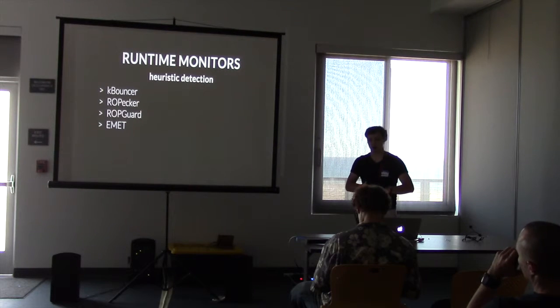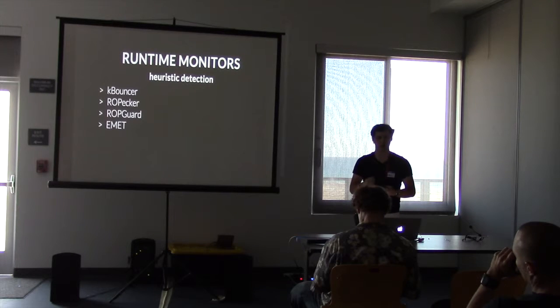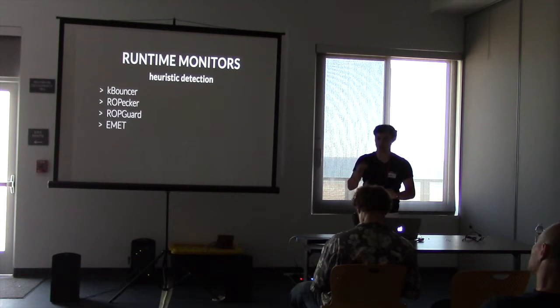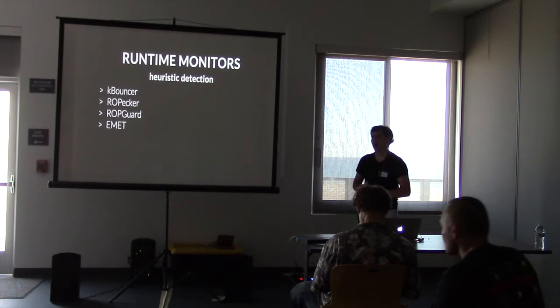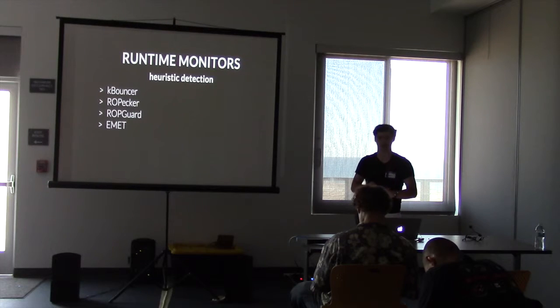They rely on taking a look at how the program's executing and figuring out, oh, has the program performed n returns in a row? So say, has it performed 8 or 10 or 12 returns without doing much in between? Or has it executed a bunch of small little code segments that look like gadgets.